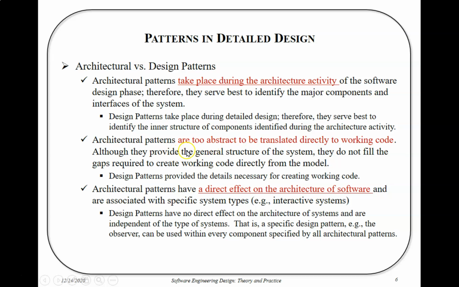Architectural patterns are too abstract to be translated directly to working code, but design patterns have a class specification for us to implement, especially when we use object-oriented programming. Another difference is that architectural patterns have a direct effect on the architecture of the software. We have learned about different types of systems, interactive systems, distributed systems, and so on, and they have a direct effect on the architecture of software. But design patterns have no direct effect on the software architecture.